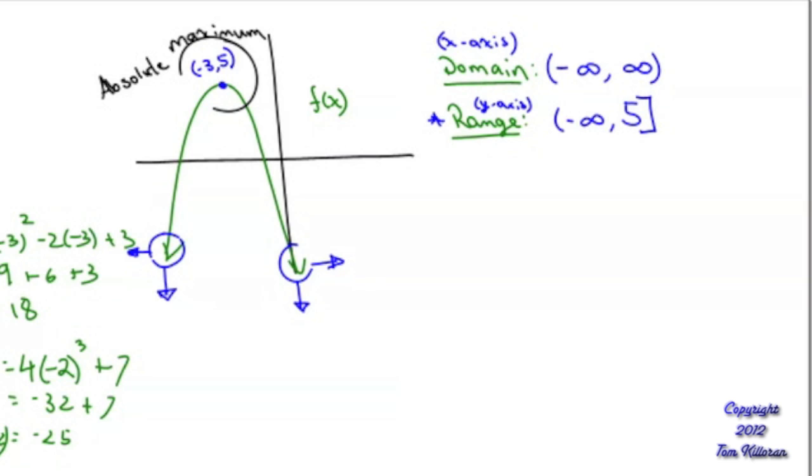Is there a difference between maximum and absolute maximum? There are two types of maximums, and I will talk about both of them. This is just the absolute max. It happens to be the biggest one.